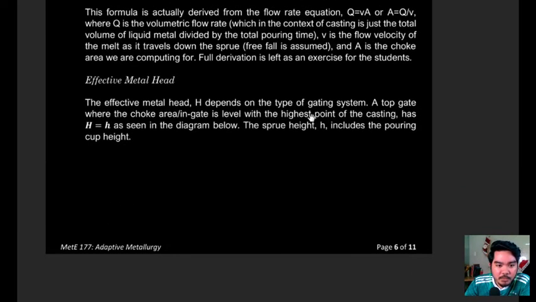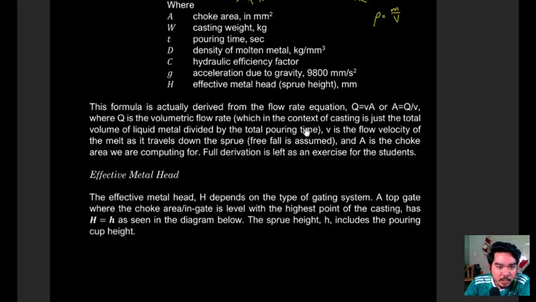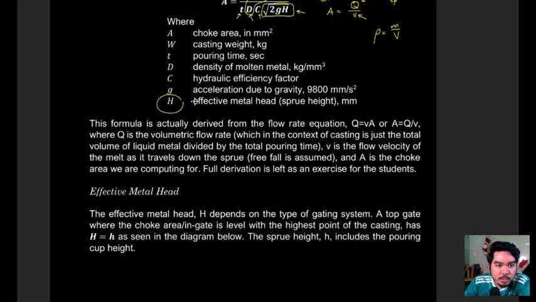So first na i-consider natin doon sa equation na yon is yung effective metal head muna, no, yung H. So in general, yung H natin is just the sprue height, no, kasi ito yung effective na height na tina-travel ng liquid natin from the pouring cup when it enters our gating system.